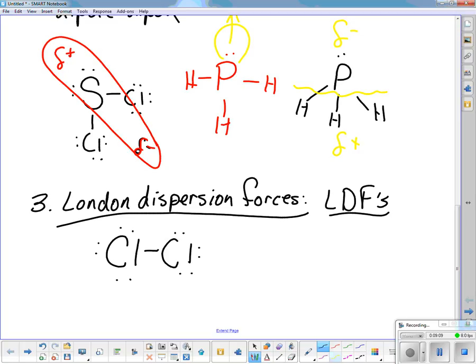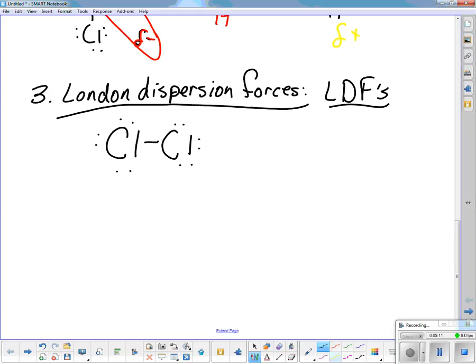What is really important here is sometimes LDFs can overtake hydrogen bonds in strength. And the way they can do that is if we have something like this going on. What's different here? I have a little teeny molecule bonding to a really big molecule. Okay?